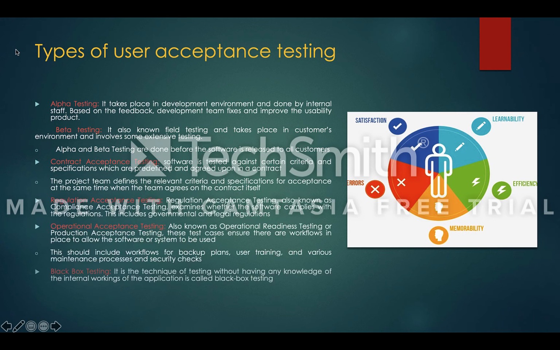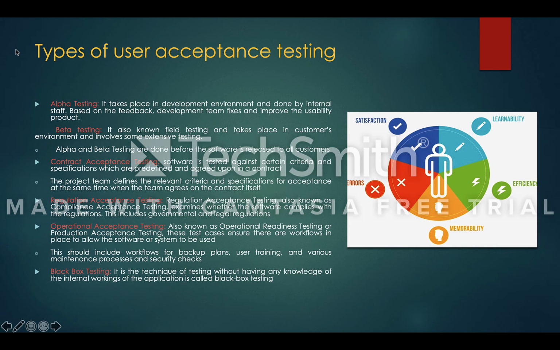Here they check the satisfaction of the consumers, and they look at learnability, efficiency, memorability, and errors. Here we have alpha testing, beta testing, contract acceptance testing, regulation testing, operational acceptance testing, and black box testing.